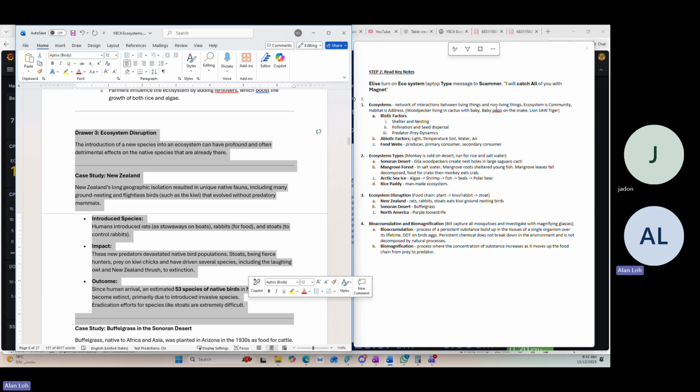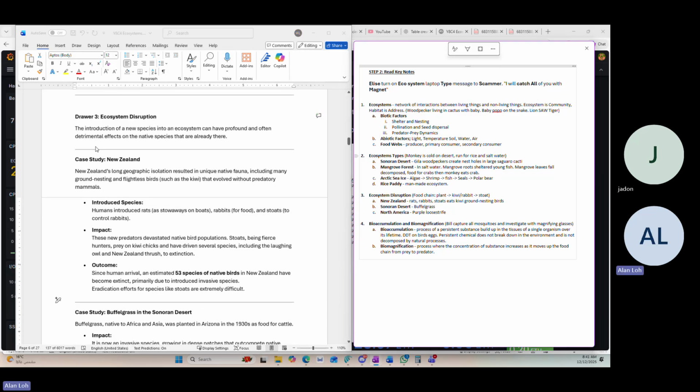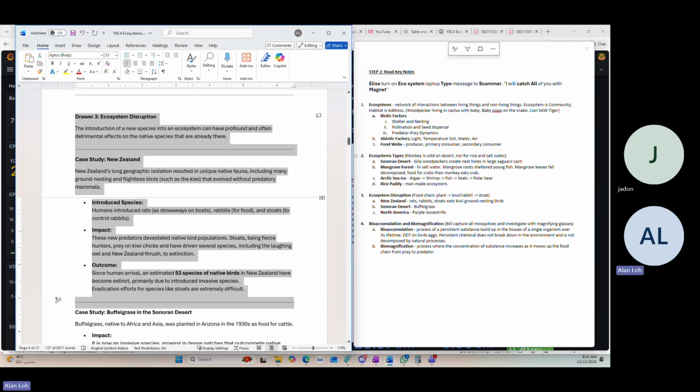Yes, ecosystem disruption. In the story, it is the scammer. You remember scammer is a bad guy. Disruption is also related to something bad. So scammer is disruption. Yes or no? Yes. Okay. Now let's read this. You can start.